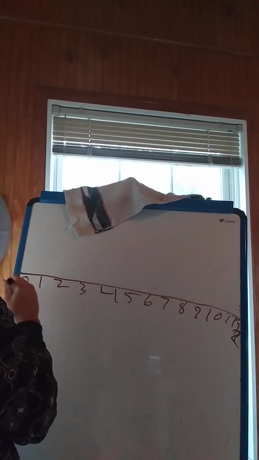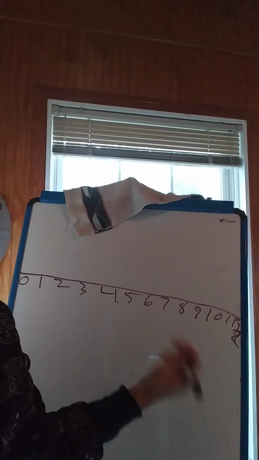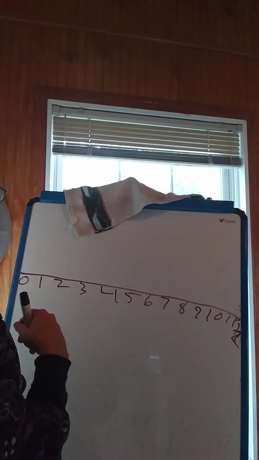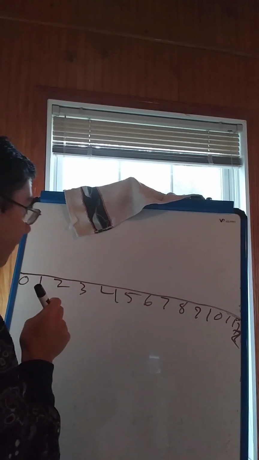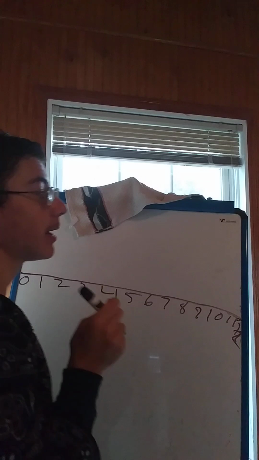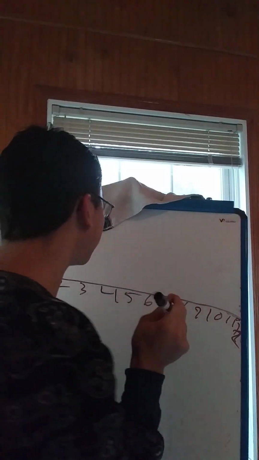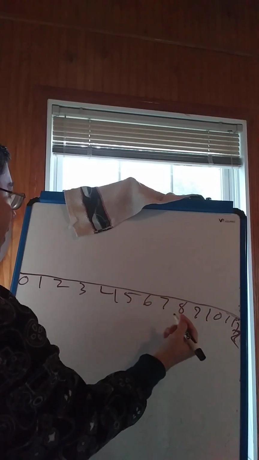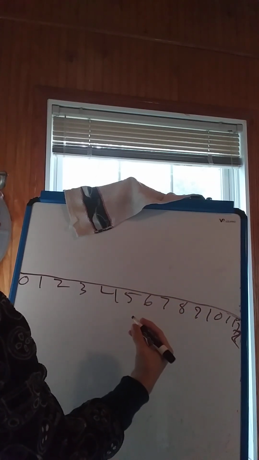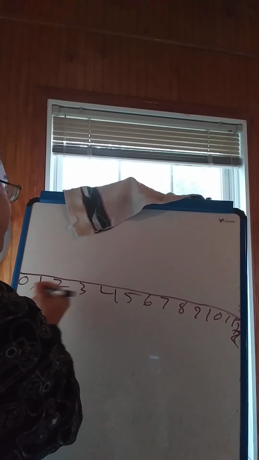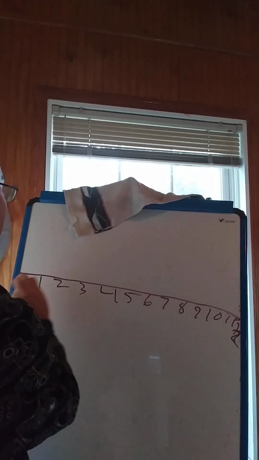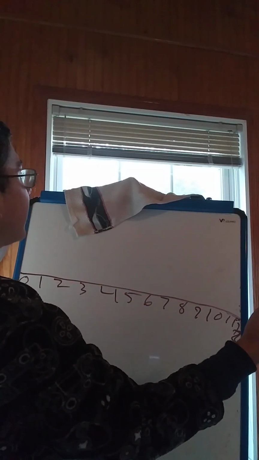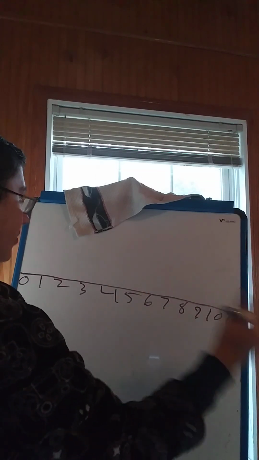You count the places up to the number, including the actual number itself, to find how far away from 0 it is. So 6 is bigger than 3 because it's 6 places further away from 0. As you go further this way, you get bigger in value.